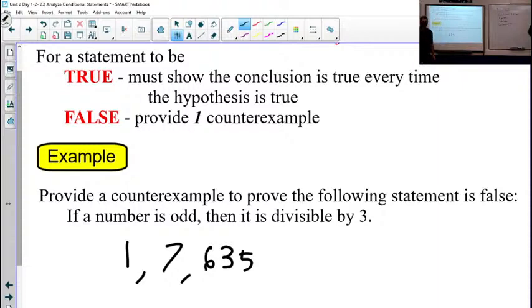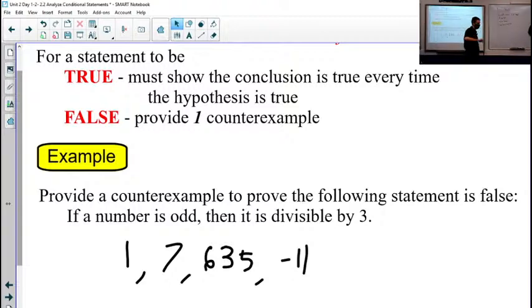If I take 635 and divide it by 3, nope. Not going to be divisible by 3. Negative 11 also doesn't work. Also not divisible by 3. And these are all counterexamples that show that this statement has to be false. You only need one counterexample.